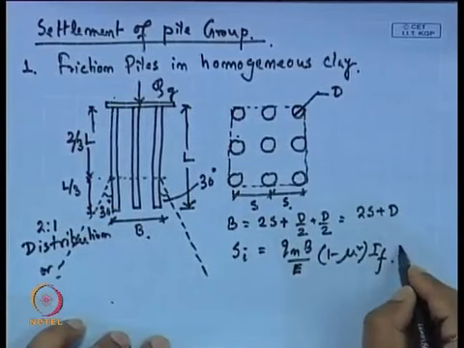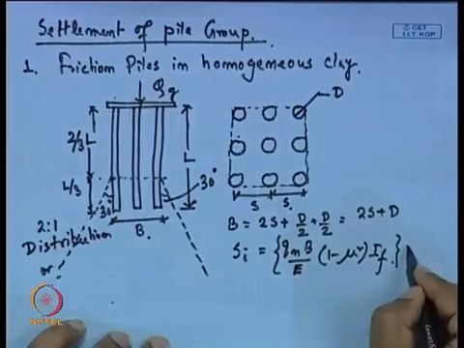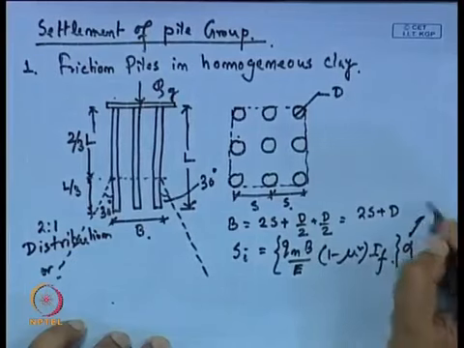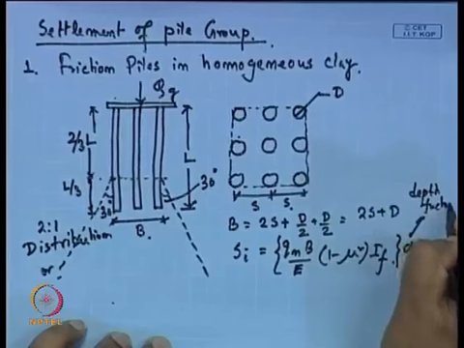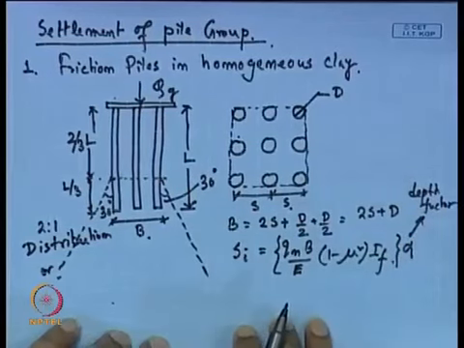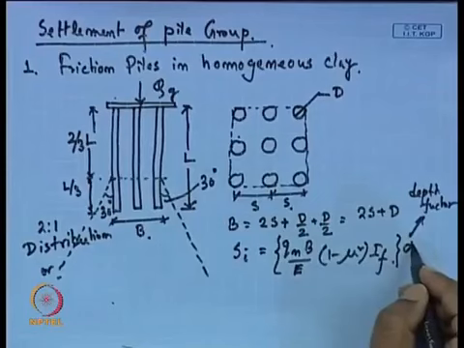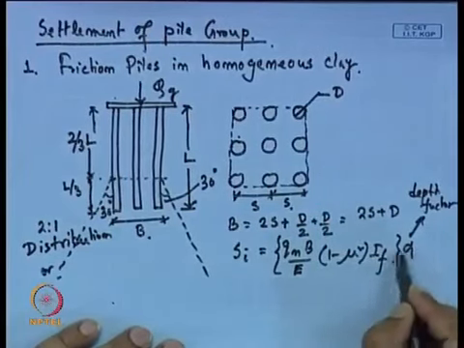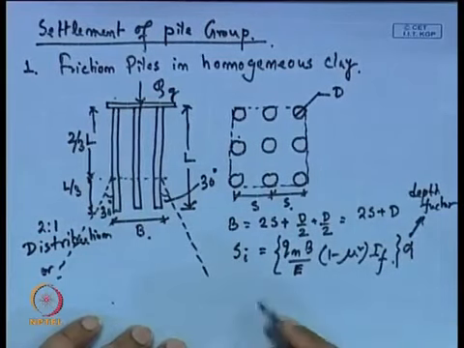Now, here we have to again multiply it by the depth factor, alpha, where alpha is the depth factor. So you have to multiply by the depth factor in case of immediate settlement, and in case of consolidation settlement you have to multiply by the depth factor as well as the pore water pressure correction.